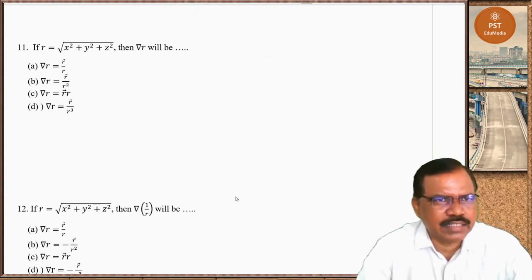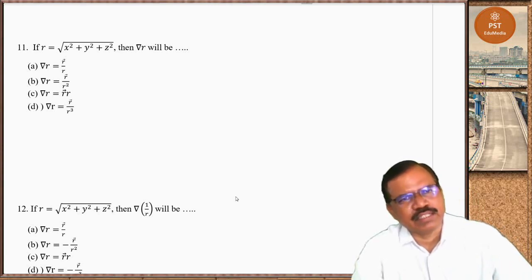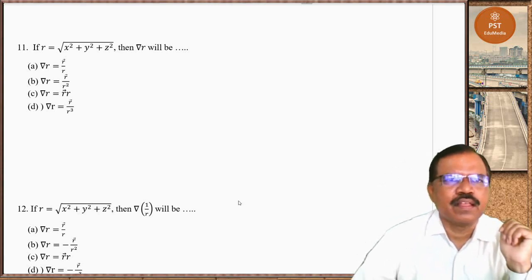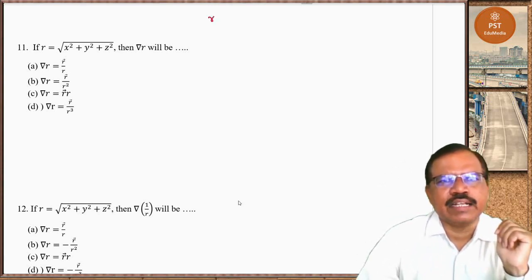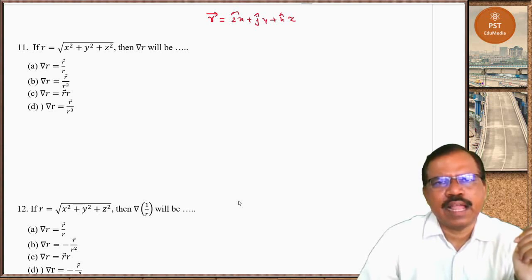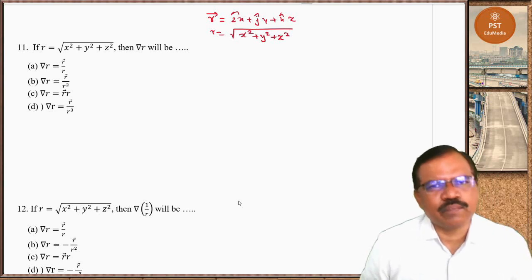Now if r is equal to root of x square plus y square plus z square, then del r, the gradient of r, will be. Now we know r is the position vector, xi plus yj plus zk, and its magnitude is root of x square plus y square plus z square. Now we have to find the gradient.